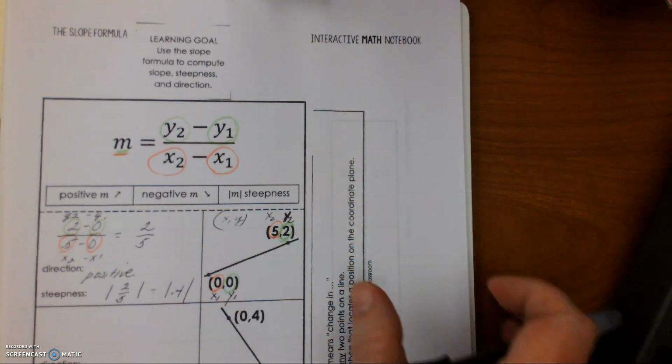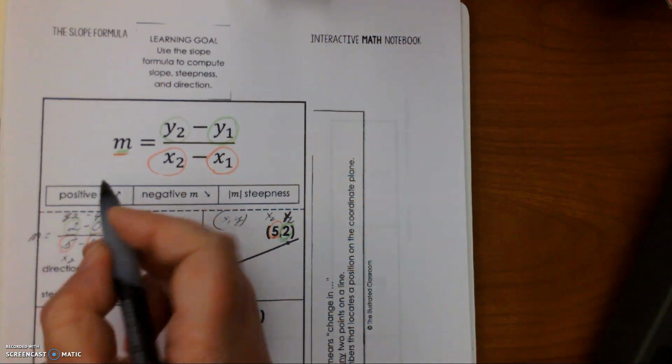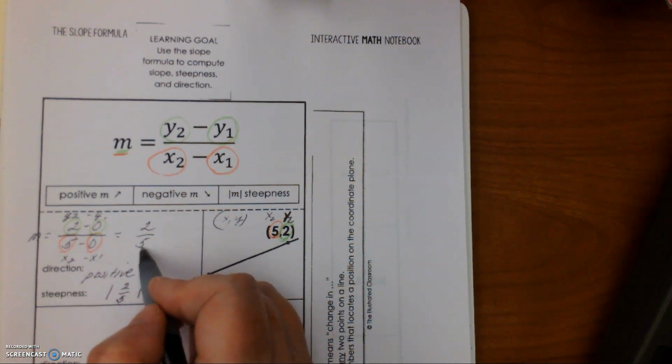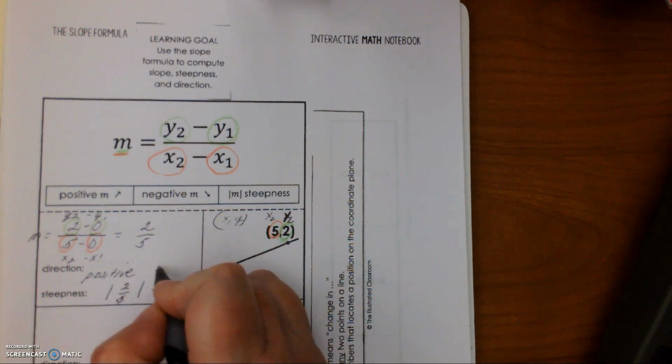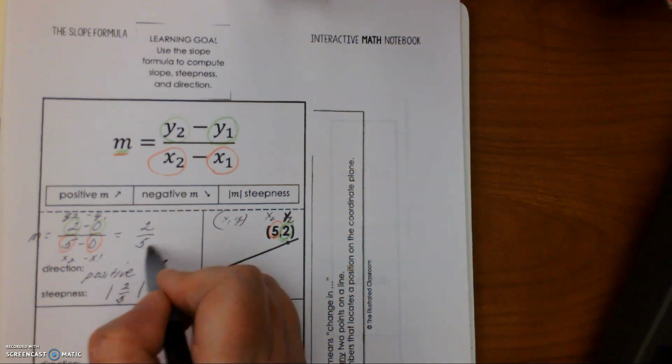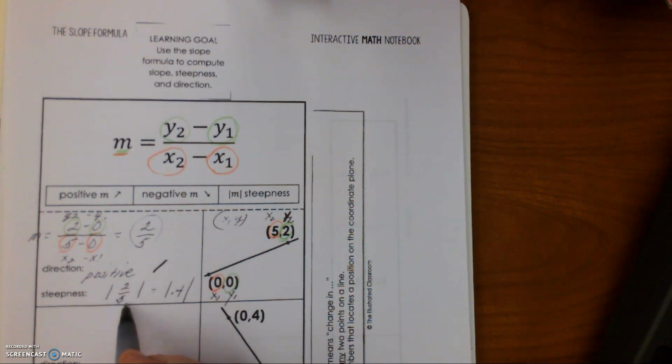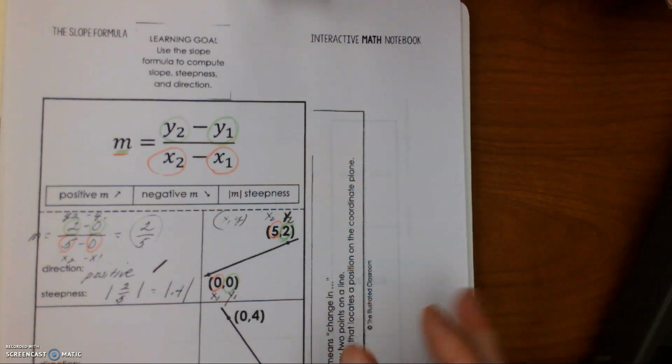Okay? So M equals y2 minus y1 divided by x2 minus x1, and we do the arithmetic straight across. This was a positive, which means it slants this way. And then the steepness is the slope in absolute value form. So it's either 2 over 5 or 0.4.